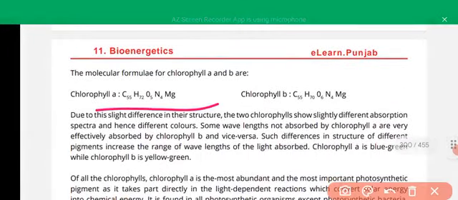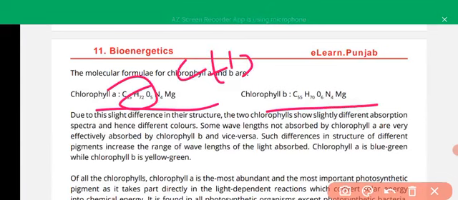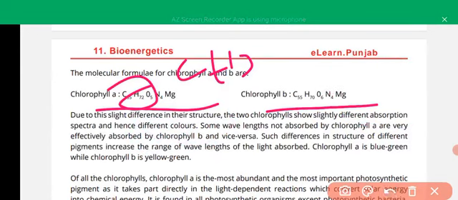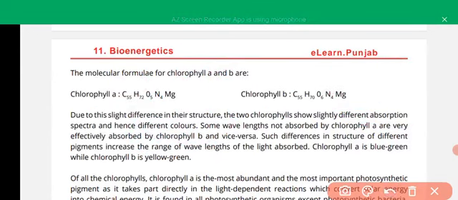Chlorophyll A contains CH3, while chlorophyll B contains CHO, so it contains one extra oxygen and three fewer hydrogens. All other things are equal, and chlorophyll A is blue green and chlorophyll B is yellow green.